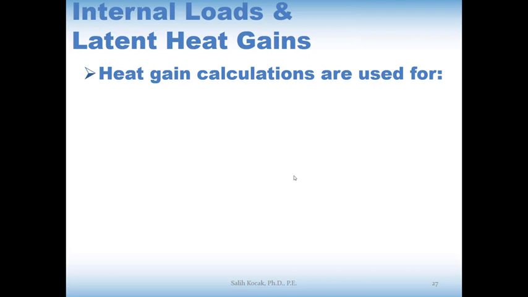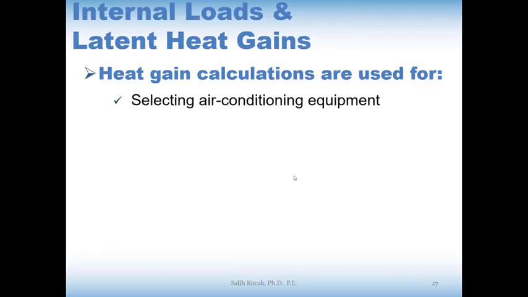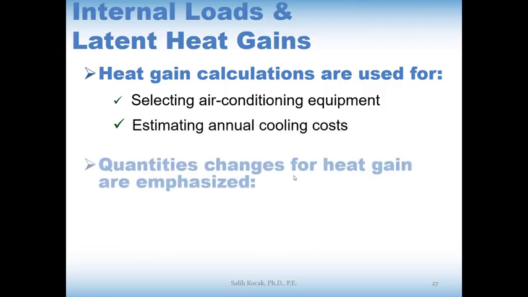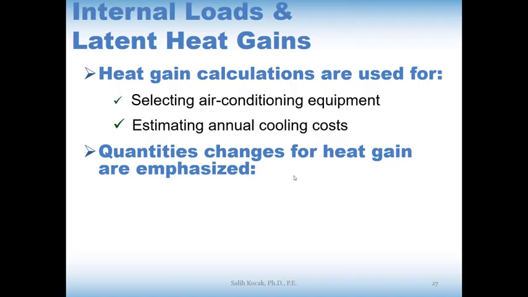One more time, and the last time, heat gain calculations are used for selecting the air conditioning equipment and estimating the annual cooling costs, and the quantity changes for heat gain are emphasized as the outdoor air. We know that we are going to use a larger value of infiltration or ventilation, and that winter infiltration is going to be 50% more than the summer infiltration.